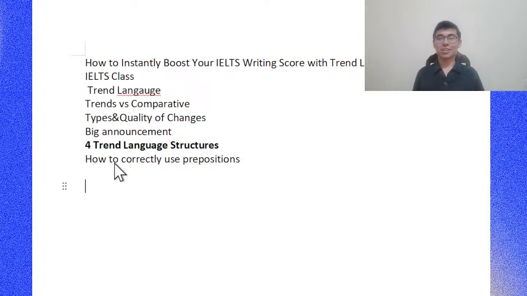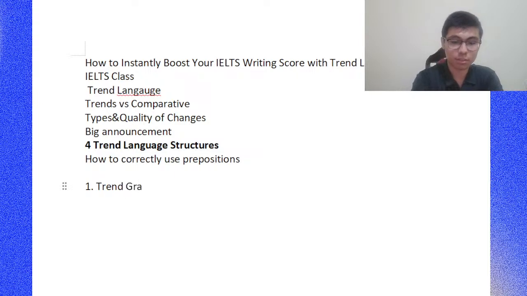So now let's start off with trend language. As you know, in IELTS Writing Task 1, in lines, bar charts, pie charts, tables, and complex charts, there are 2 types of those. The first type is trend graphs, and the second type is comparative graphs.